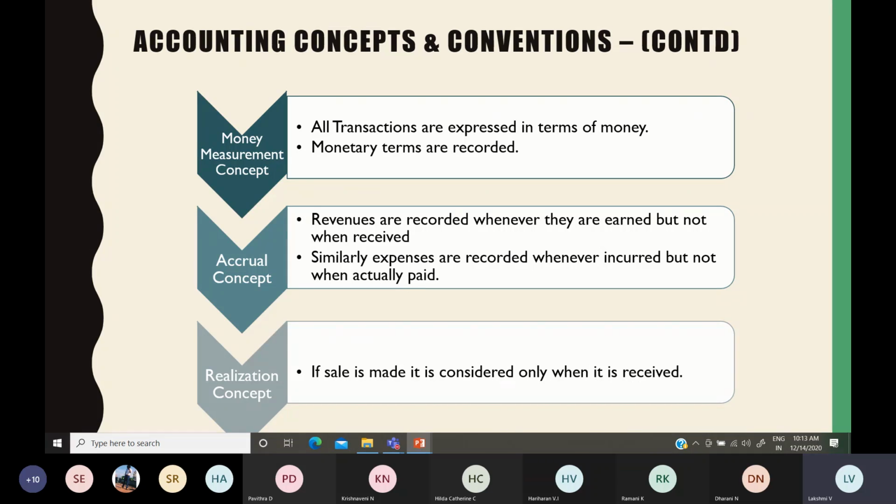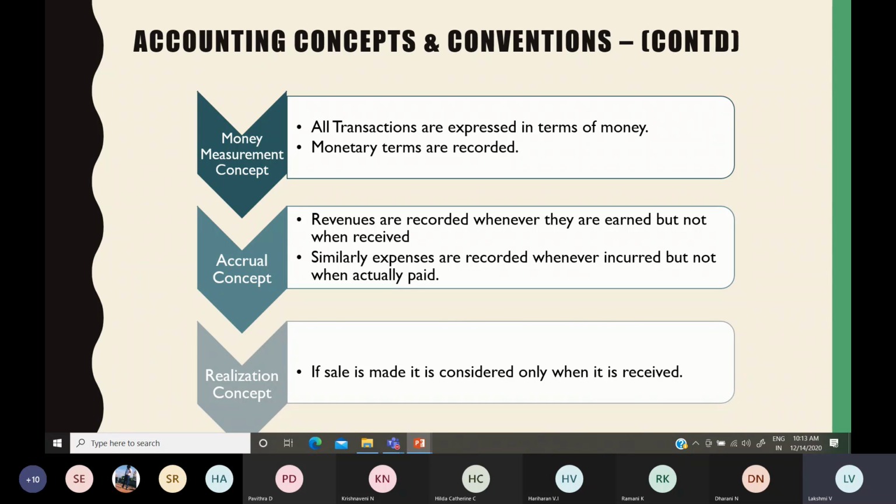Similarly, outstanding expenses, or you can also name it accrued expenses. Sometimes you may get the service, but in return you do not pay them. Like you would have used the building, but you may not pay the rent now. Or you would have got the service from your employee, but you may not pay the salary or wages to him.